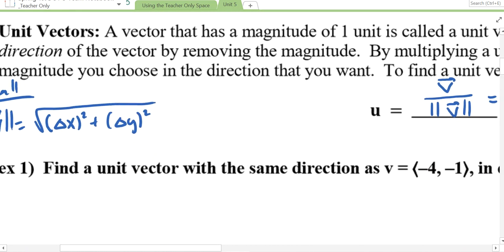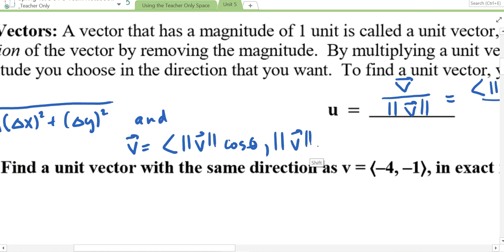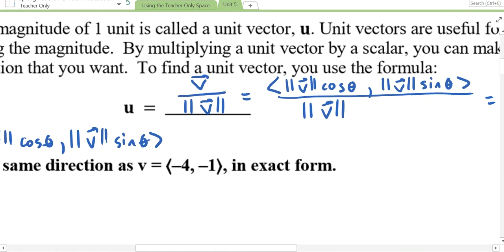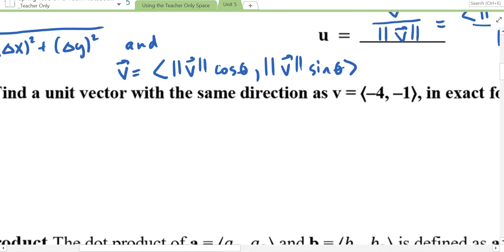And remember when we were going to find vector v, if you were given the components, vector v is equal to the magnitude of v cosine of the angle, comma, magnitude of v sine of the angle. Remember all that? Okay, so that's where I get this from. Understand? Well, you'll ask me in class if you don't.